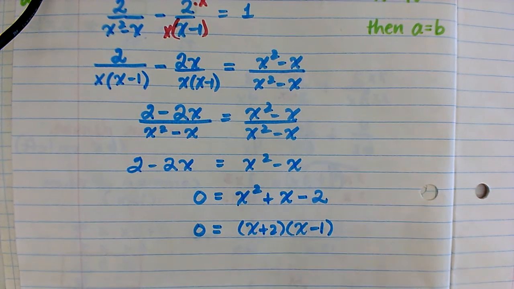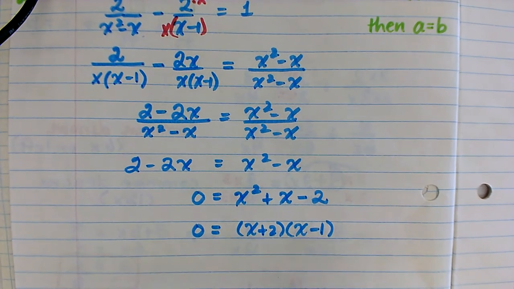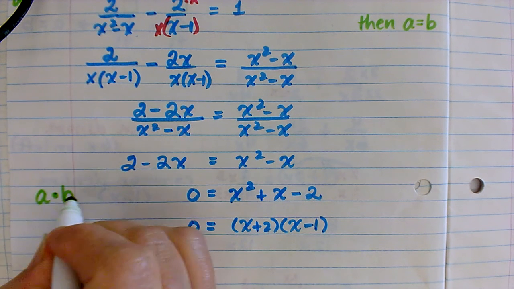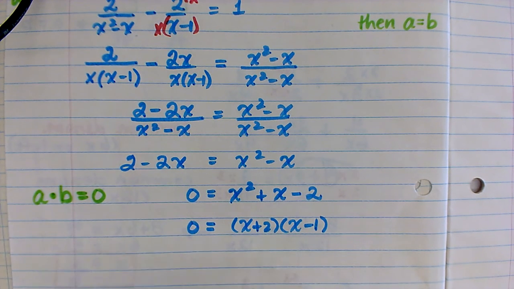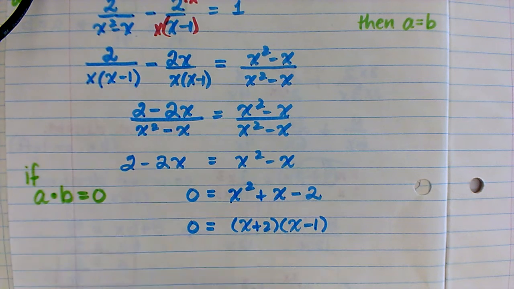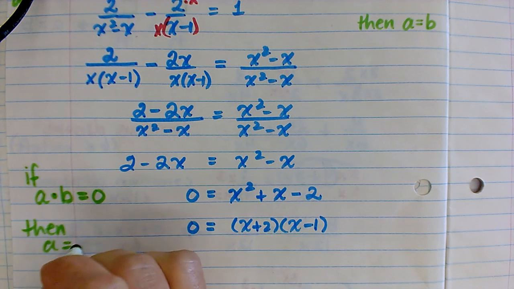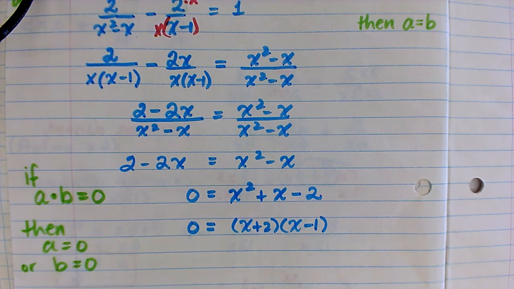Now, this refers to the zero product rule, if you haven't seen that previously. The zero product rule says if two values multiply together to make 0, then either A is 0 or B has to be equal to 0.